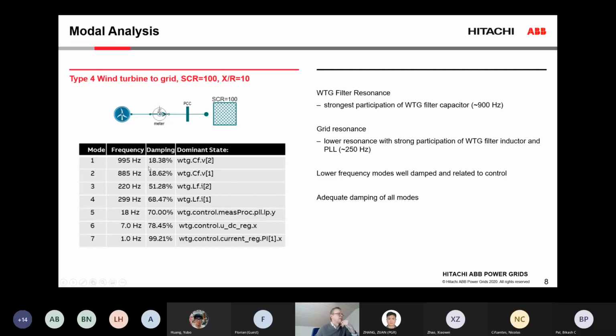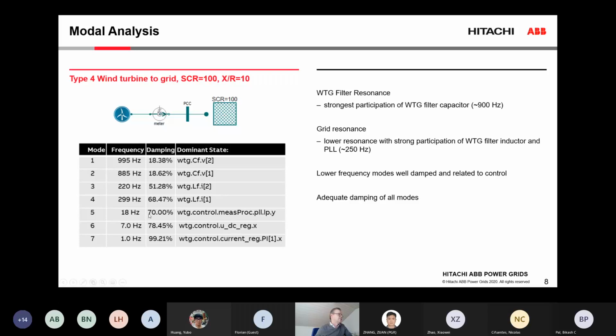One is what we call an inner resonance, which is basically related to the LCL filter in the wind turbine. And you have a lower frequency resonance that depends on the LCL filter, but also depends a lot on the grid you connect to. Whereas the first one doesn't change very much depending on the grid, this grid resonance can change a lot.